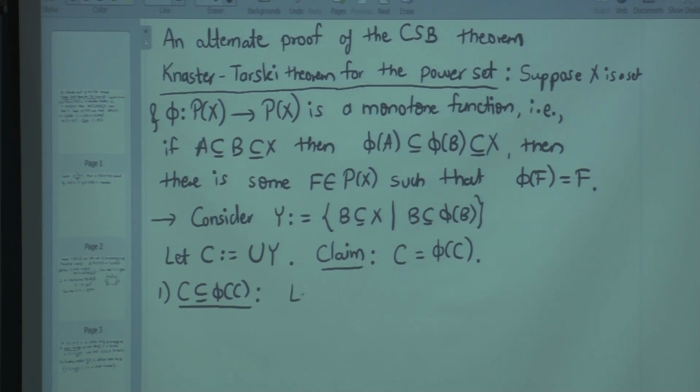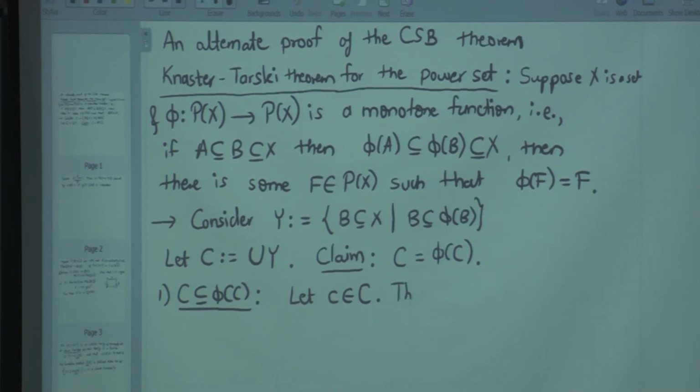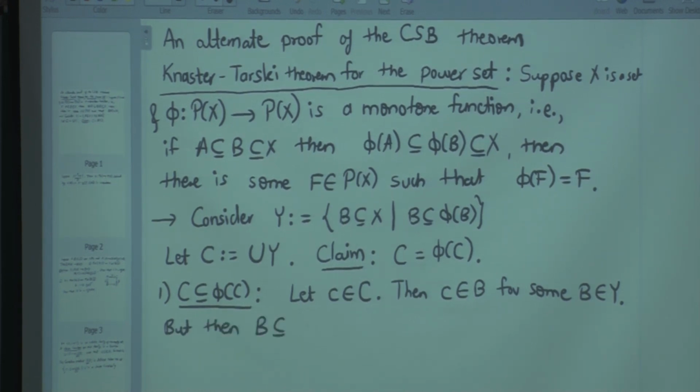Let little c belong to C. Then where does it belong? In one of the elements of Y. Then c belongs to some B, for some B in Y. But then B is a subset of phi B, correct?